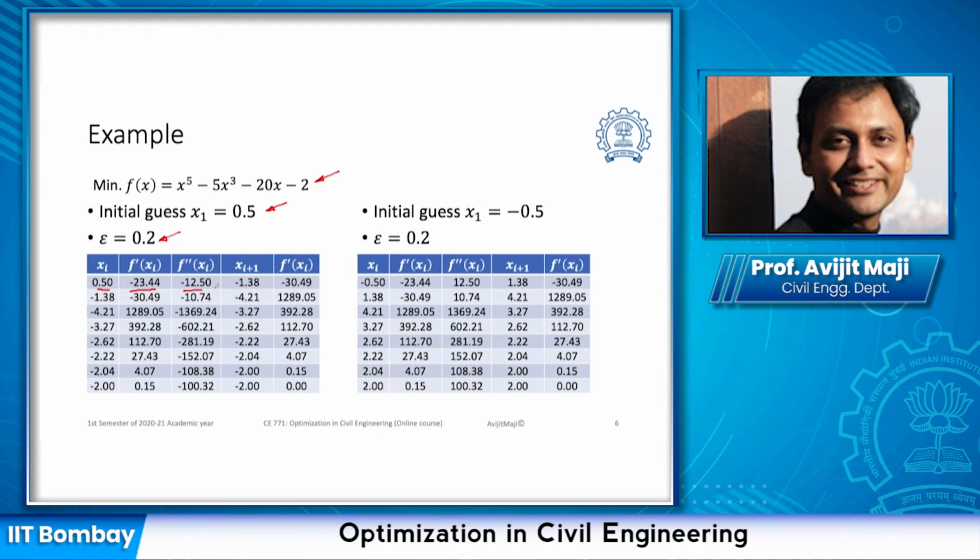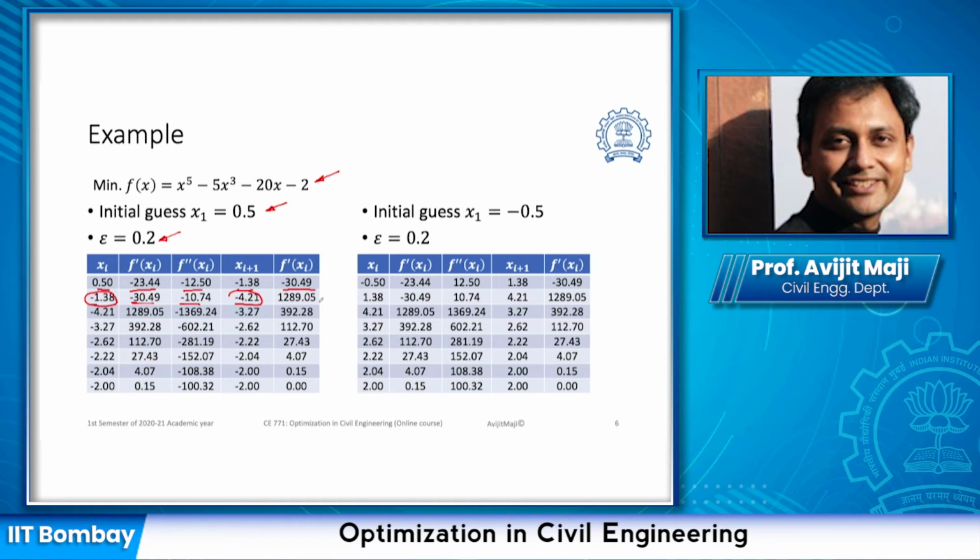Based on these two derivatives, we estimate the new point and the slope or gradient of the function at that new point. Once we look into this new point, we find that the slope is larger than the precision which we have set. Hence, we need to go to the second iteration, considering this new point, where we do the first order and the second order derivative, and based on these two derivatives and this point, we get the next new point.